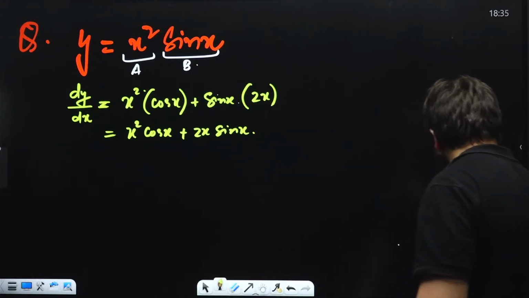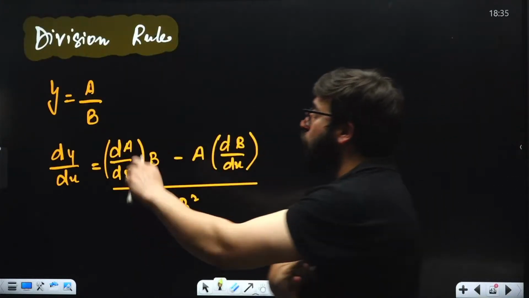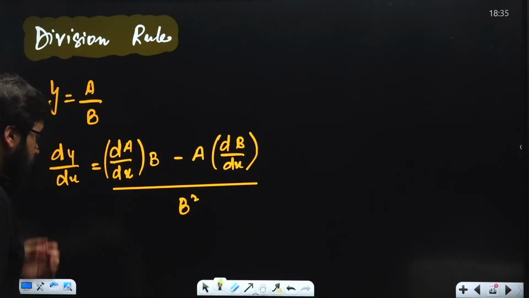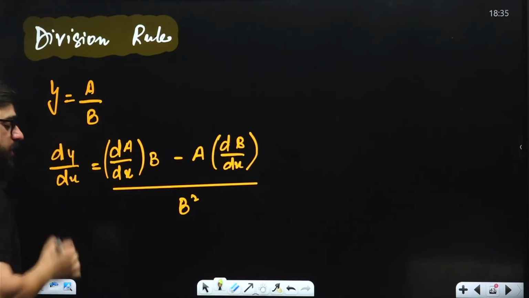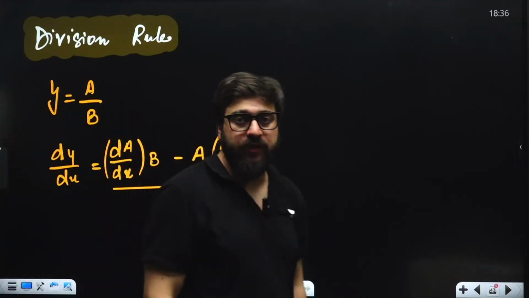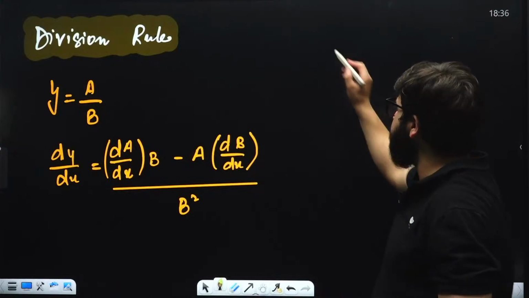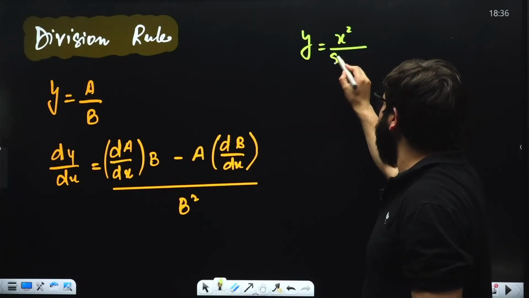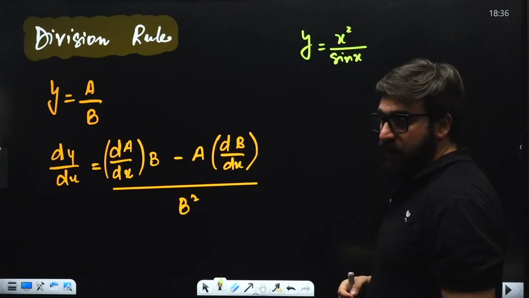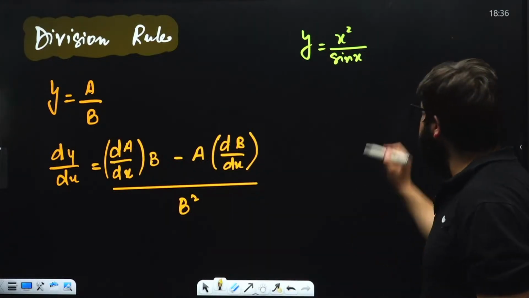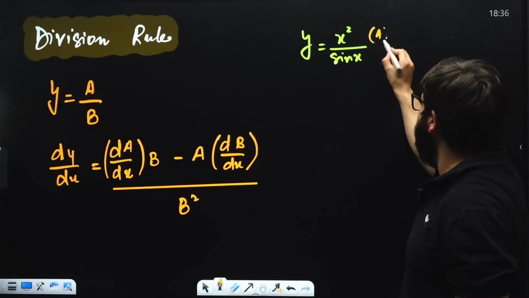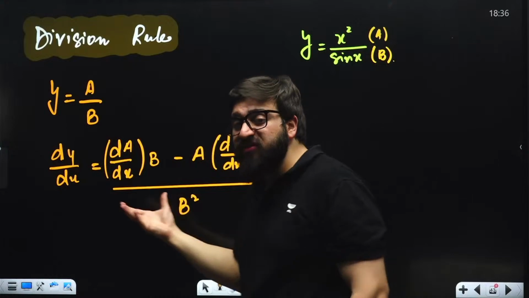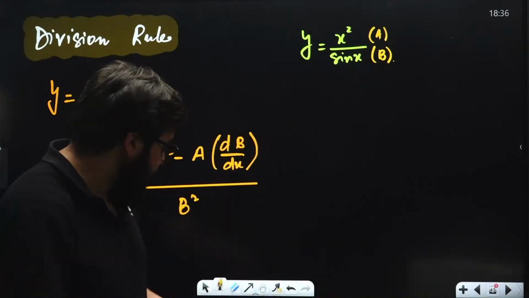Next, we have got the division rule. Let's suppose you have a function like this, y is equal to A divided by B, like y is equal to x square divided by sine of x. In this case, we consider this as A and this as B. What is the formula we use in order to find the differentiation?